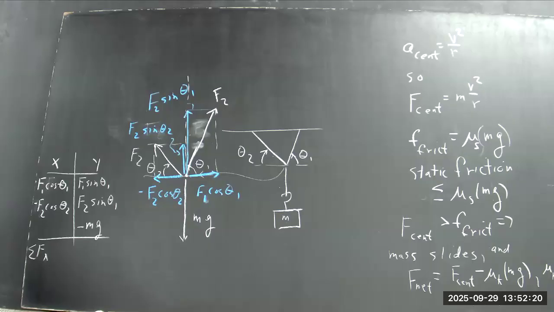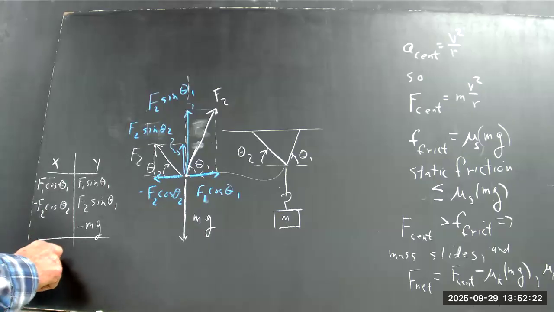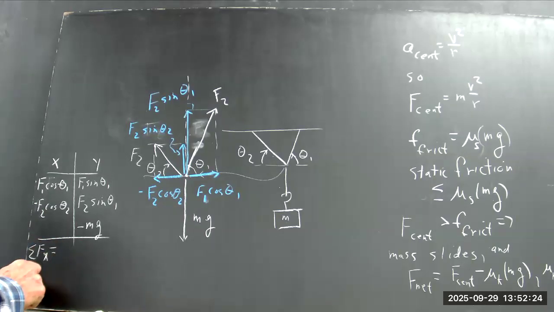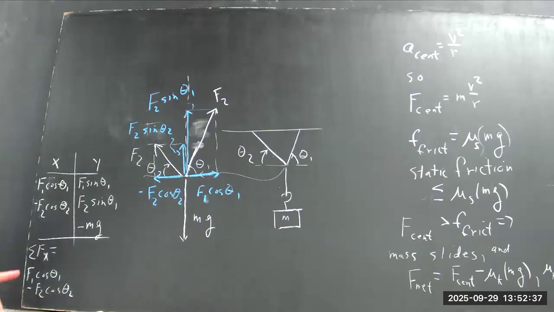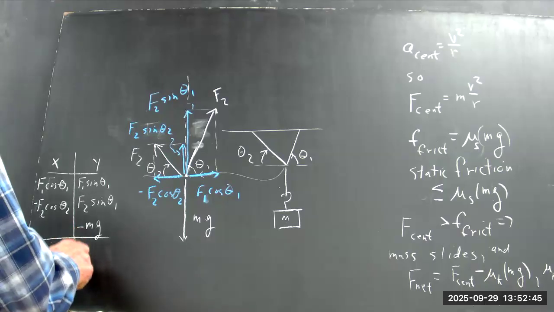The sum of your X forces is F1 cosine theta 1 minus F2 cosine theta 2. In other words, just this and this.